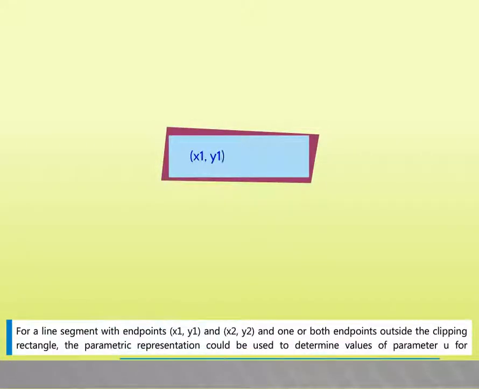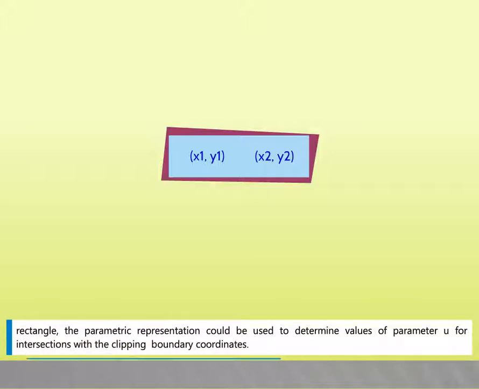For a line segment with endpoints x1, y1 and x2, y2, and one or both endpoints outside the clipping rectangle, the parametric representation could be used to determine values of parameter u for intersections with the clipping boundary coordinates.